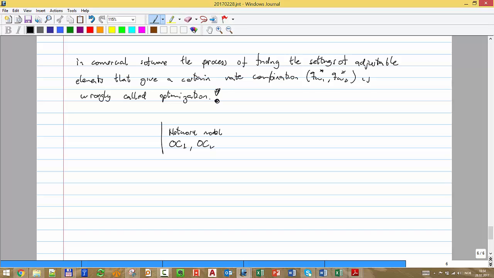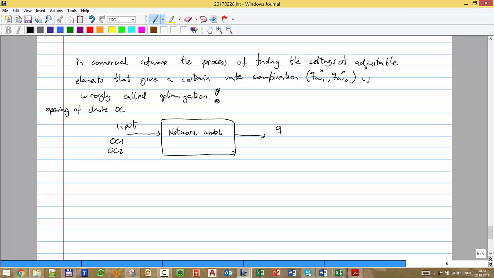Actually we should put them outside, right? Because that's the input. And we will obtain Q well 1 and Q well 2.